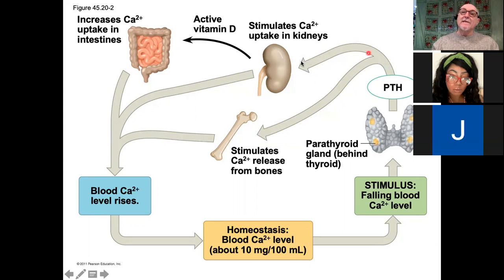We're getting the kidneys to take up more calcium from the fluids which are going to constitute the urine. The kidneys are stimulating the activity of vitamin D, which is going to increase the uptake of calcium from the intestine. All of these are going to cause blood calcium levels to rise.